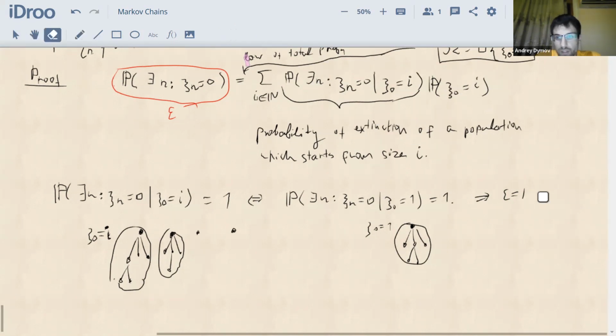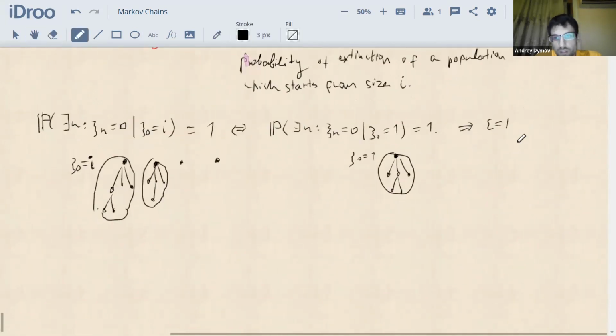Let me write it below. Then we get that the probability of extinction starting from one individual equals 1.